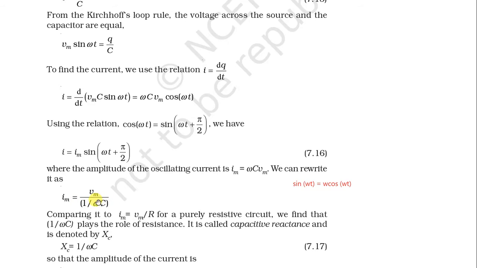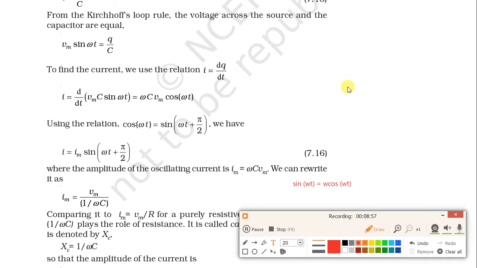Here 1 upon omega C is represented by capital Xc. This is known as the capacitive reactance. As we know, V is equal to IR according to Ohm's law.